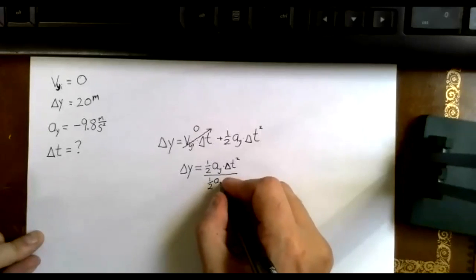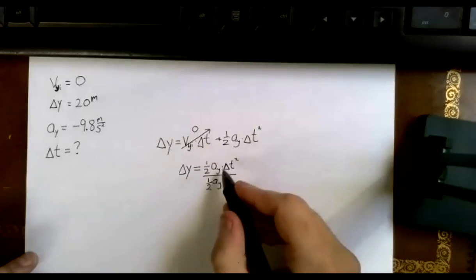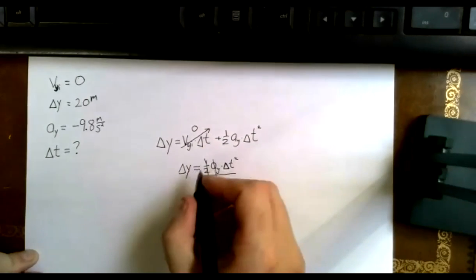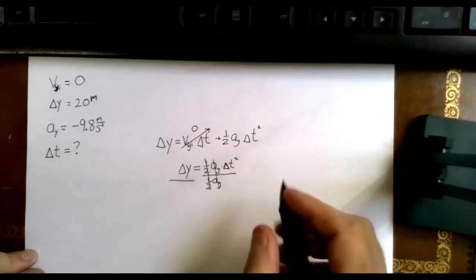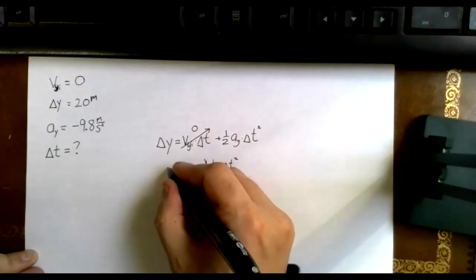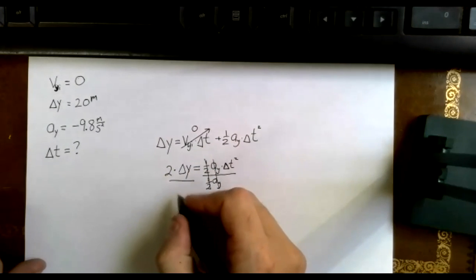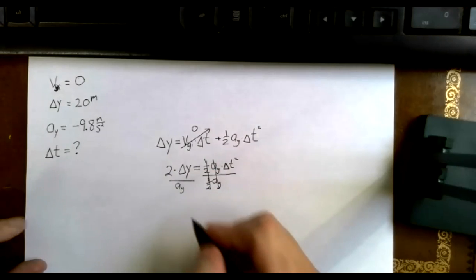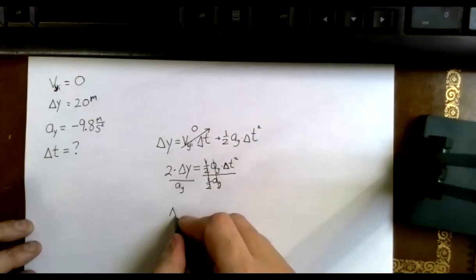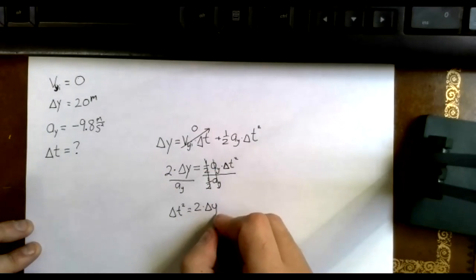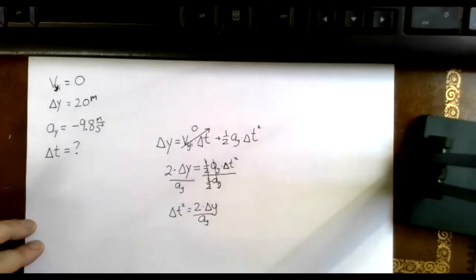The 1/2 and the AY, right? Because if I divide by that, then the 1/2 cancels, the AY cancels, and I just have the delta t on that side. So instead of dividing by 1/2, I'm going to multiply by 2 on this side. It's the same thing, it's just easier to work with. And divide by AY on this side as well. So what we're left with is that delta t squared equals 2 times delta y over AY.